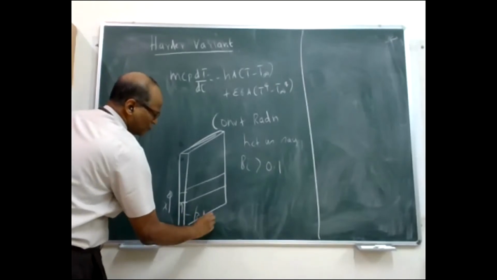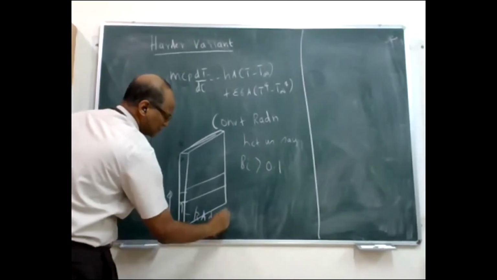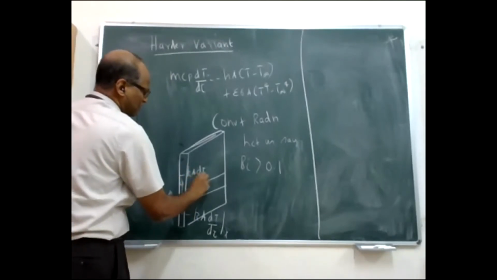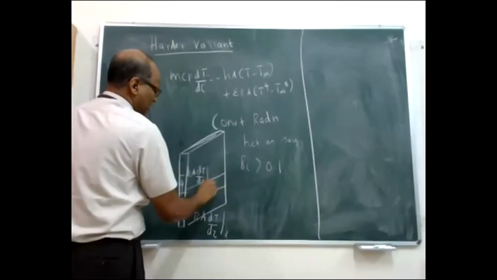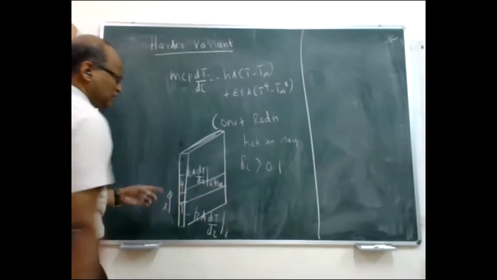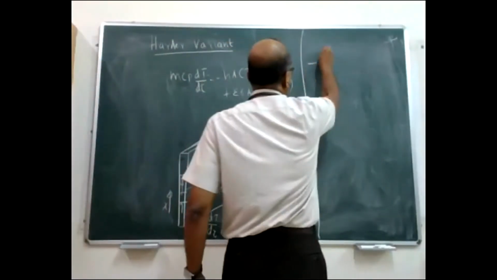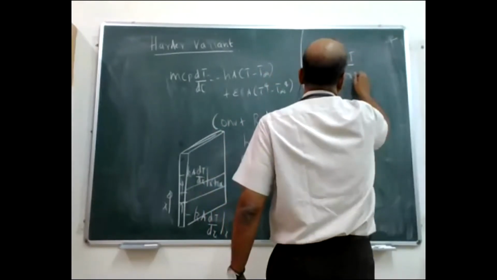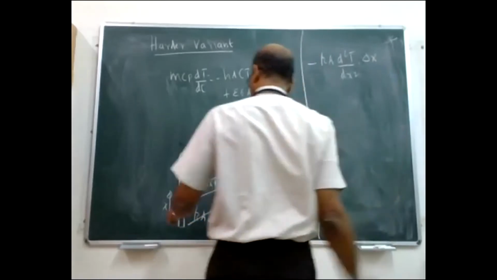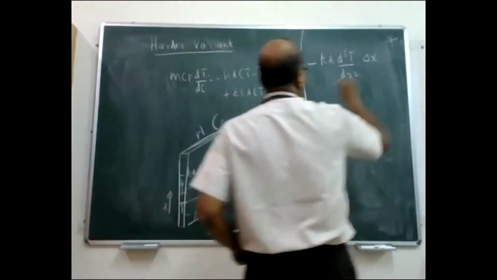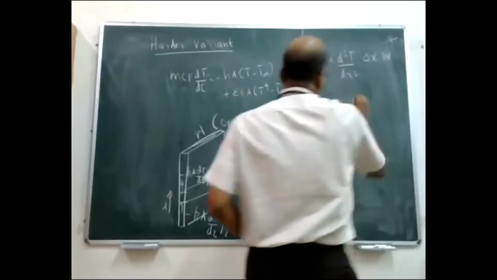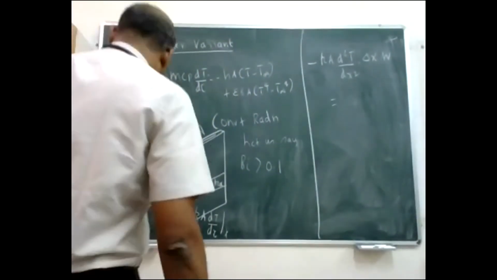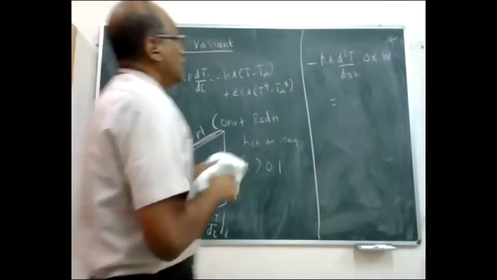Minus Ka dt by dx at x, minus Ka dt by dx at x plus delta x. Therefore, the net conduction is delta x into this, which is W. This is the net conduction.